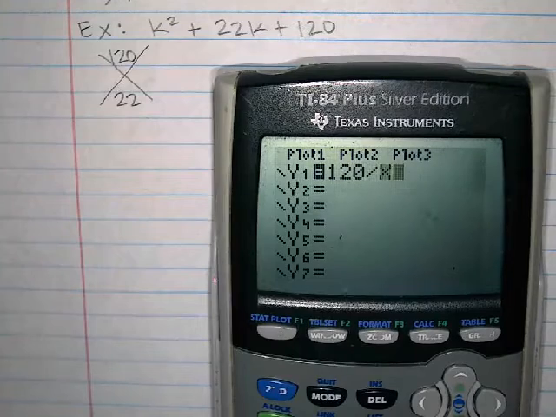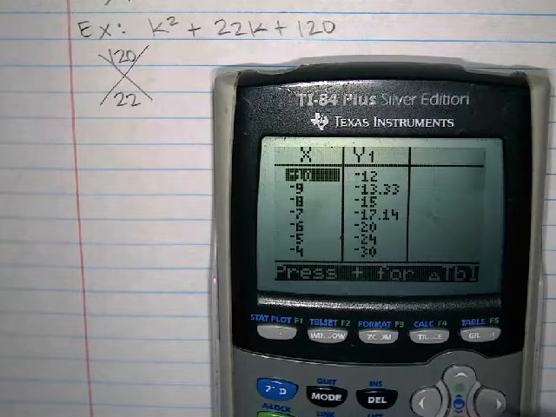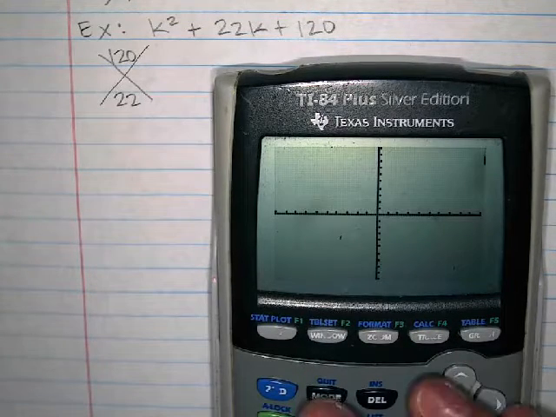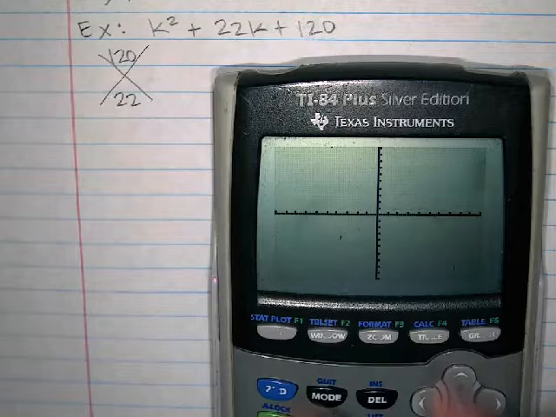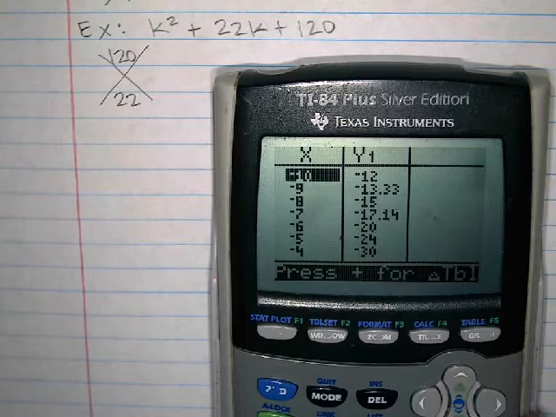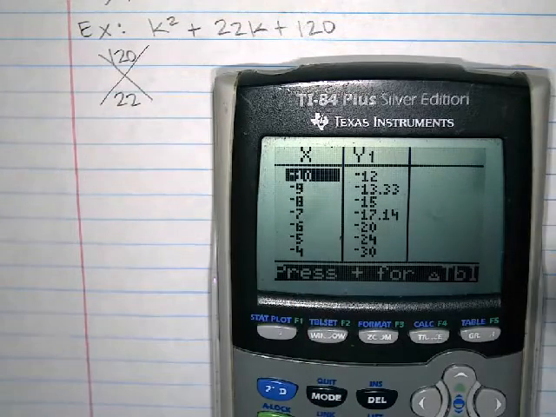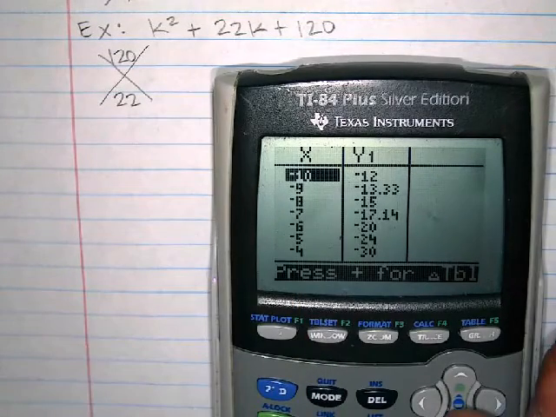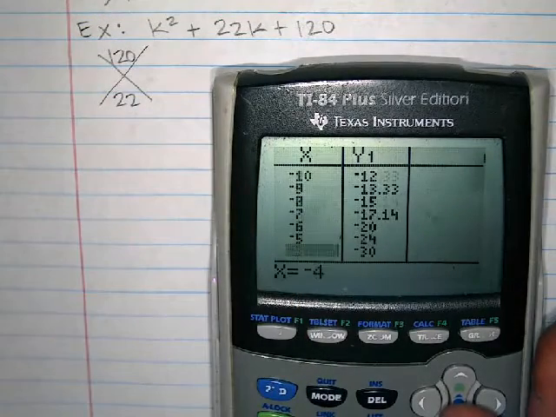Okay, and then I do second graph, right? Oop, I don't want to actually see the graph. So second graph, and we're adding to a positive this time, so I don't really want to be on the negative side of things. So I'm going to go over to the other side.